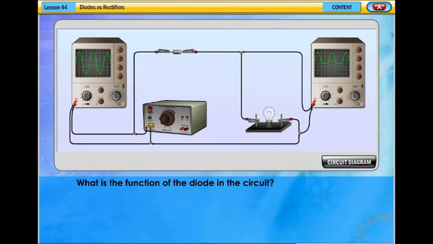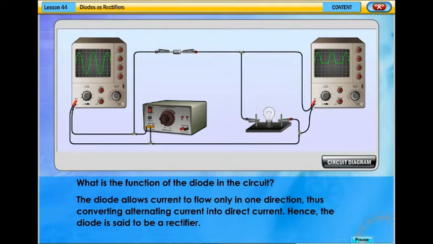What is the function of the diode in the circuit? The diode allows current to flow only in one direction, thus converting alternating current into direct current. Hence, the diode is said to be a rectifier.